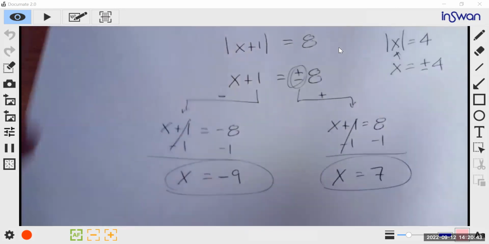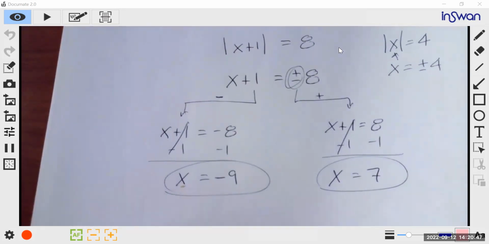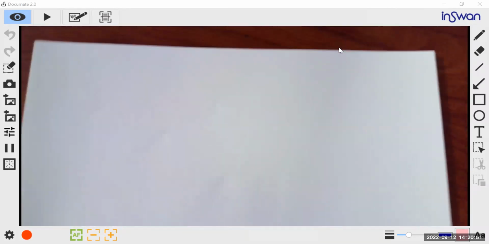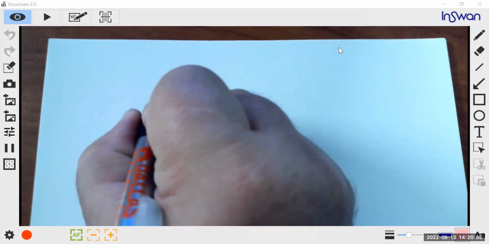Okay, yeah, but it's always a good practice. Check your answers, make sure they work, because there may be instances where it doesn't work. Case in point.